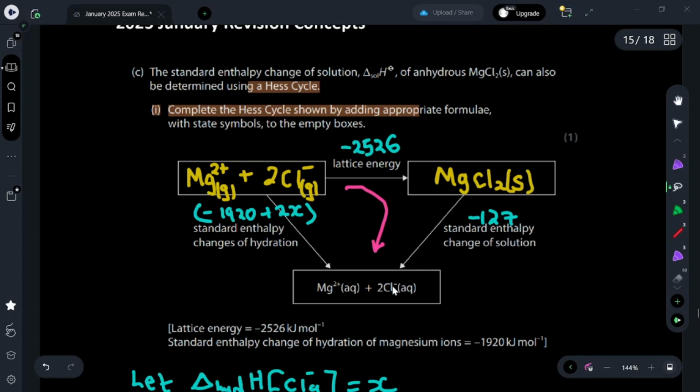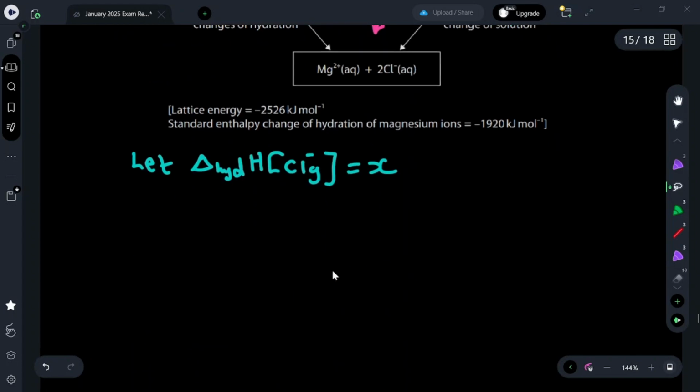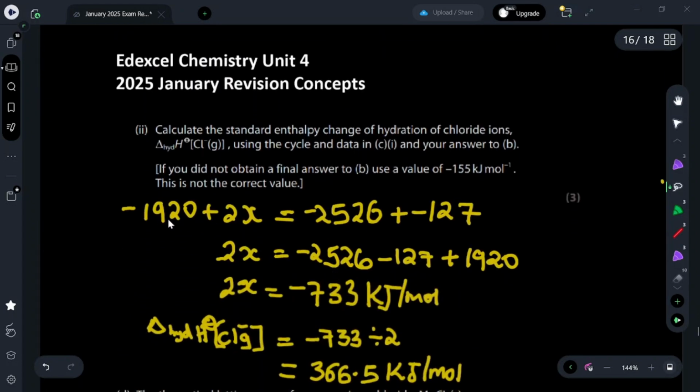So when we equate the two sides, we are going to have negative 1,920 plus the 2x for the chloride being equal to the lattice enthalpy, which was negative 2,526, plus the negative 127, which was the enthalpy change of solution. All right.